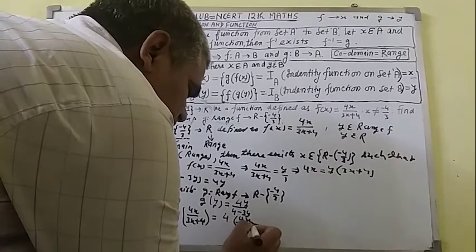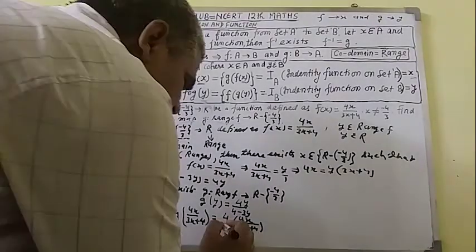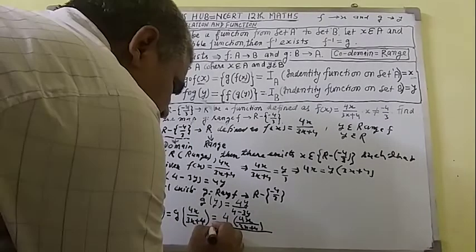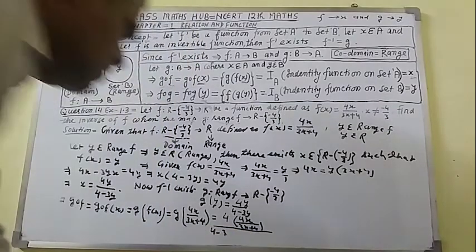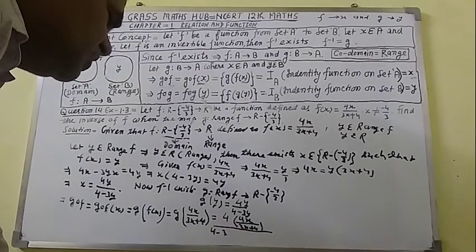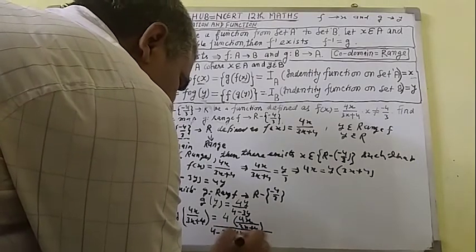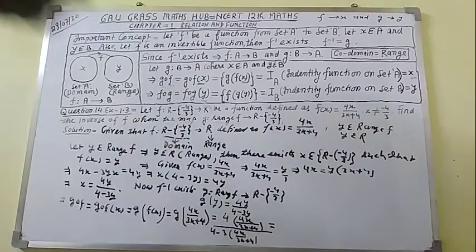Here I have written 4x over 3x plus 4, whole over 4 minus 3, then the value of y, 4x over 3x plus 4. So do the operation here.